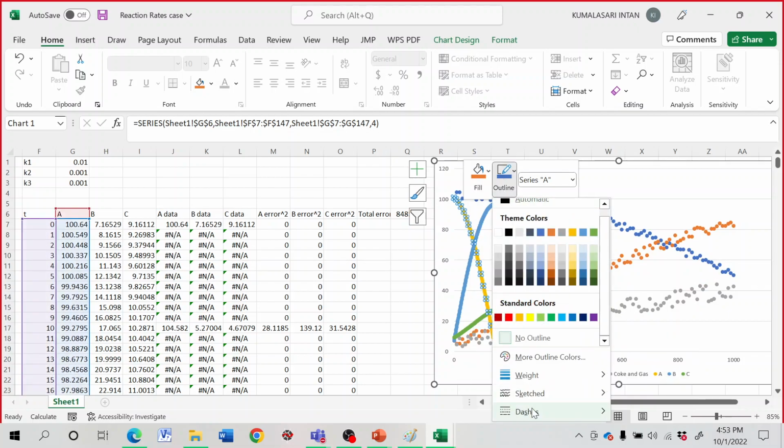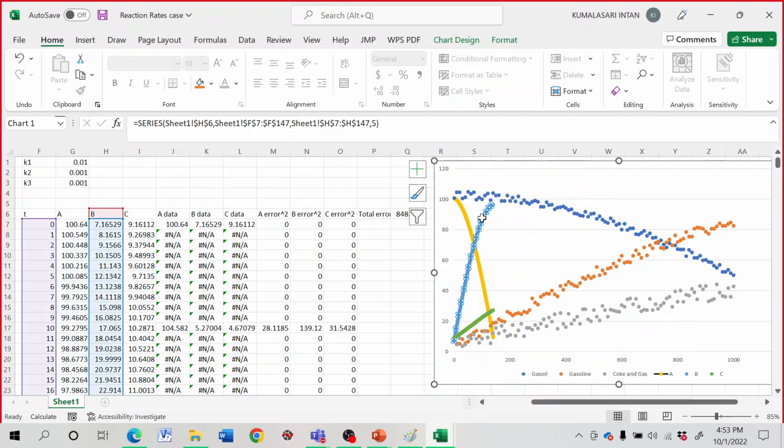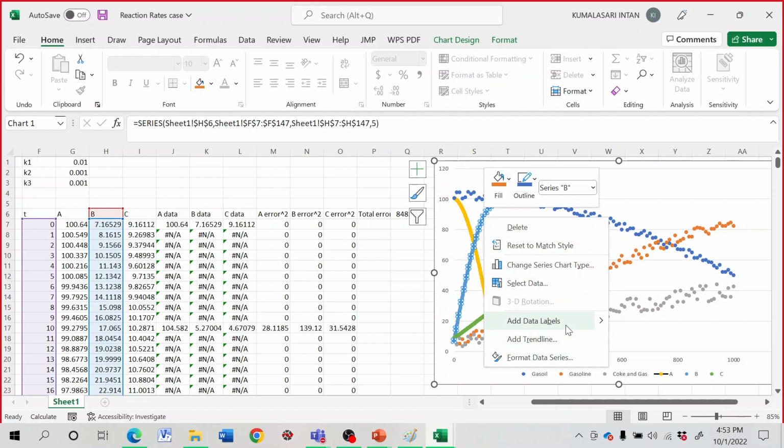Let's see, that line, this is also a line.